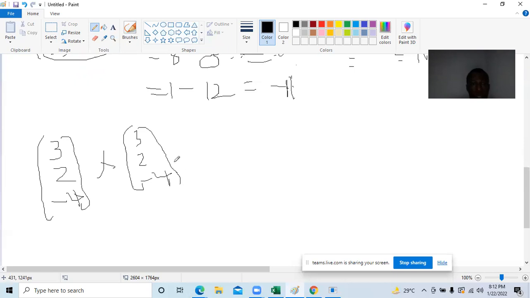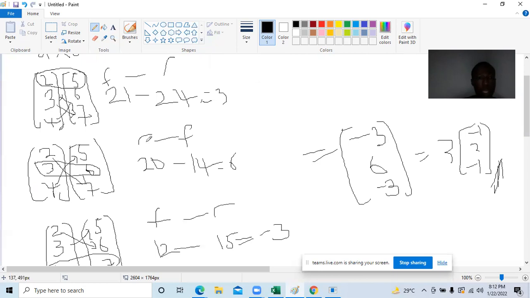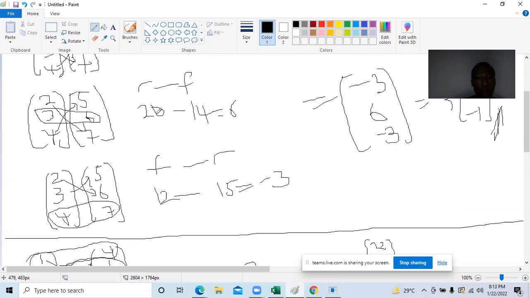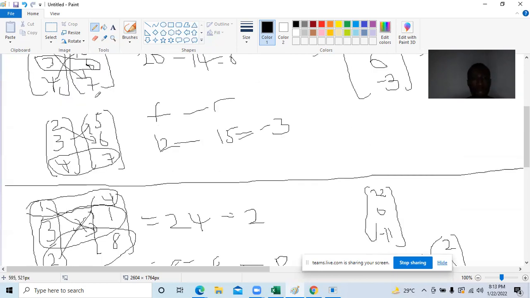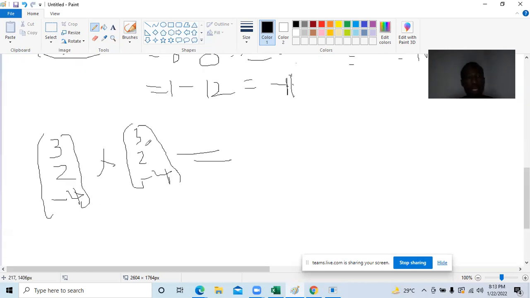Go. What did you get? Using the same formula. Don't forget, the first one is going to be a falling diagonal first minus a rising diagonal. The second one is going to be rising diagonal minus falling diagonal, while the third one is falling minus rising diagonal. So write down the formula and then give me the cross product of 3, 2, minus 4 times 3, 2, minus 4. You have 2 minutes.